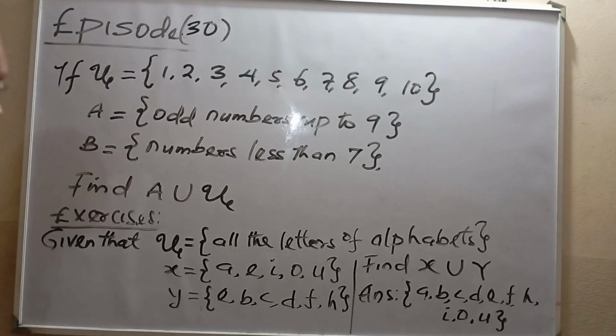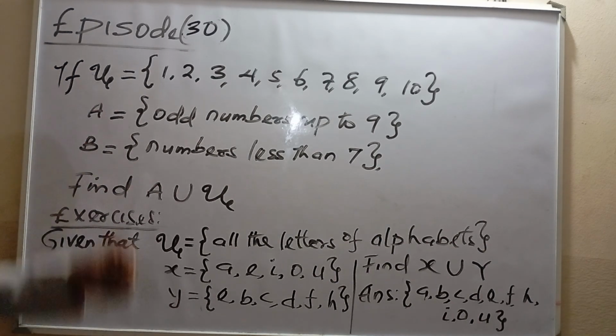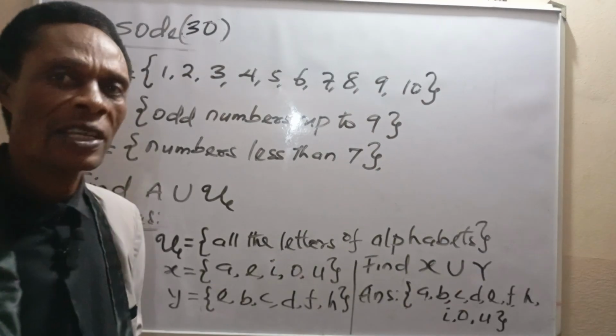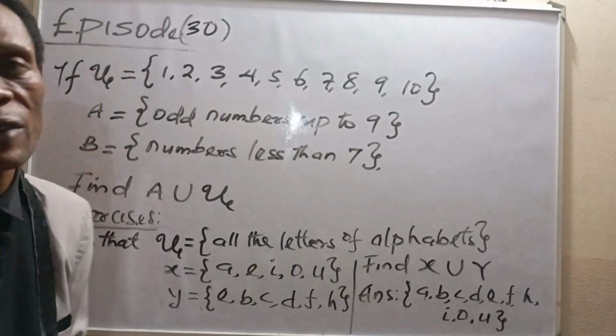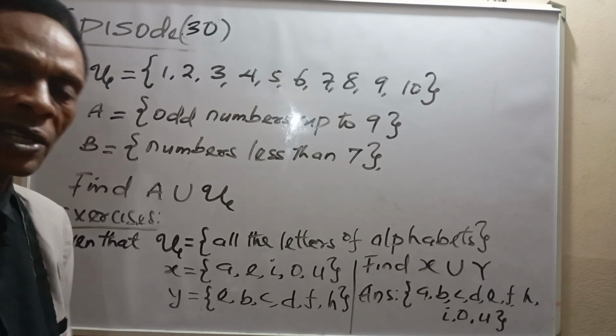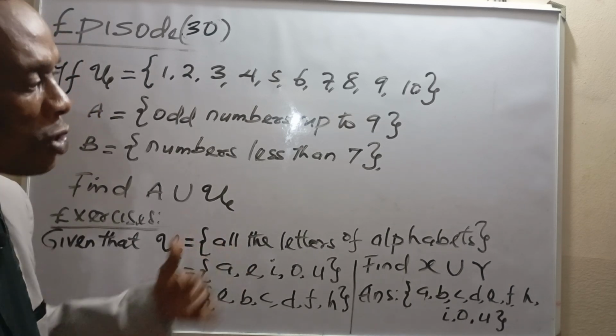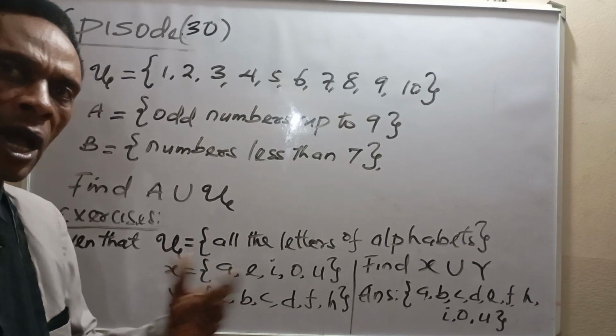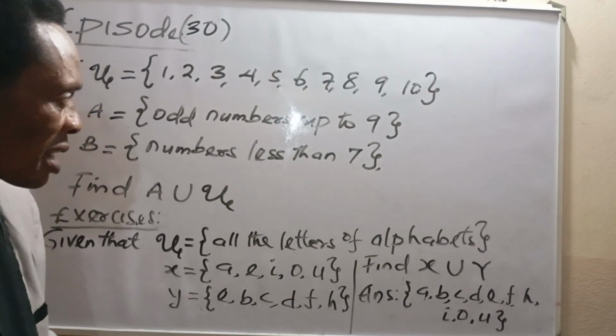So in a set, there's what we call the universal set. What is a universal set? The universal set is the mother set from which other subsets emerge or relate.